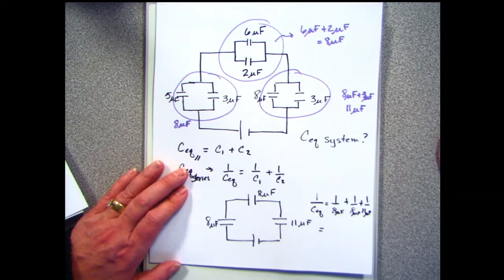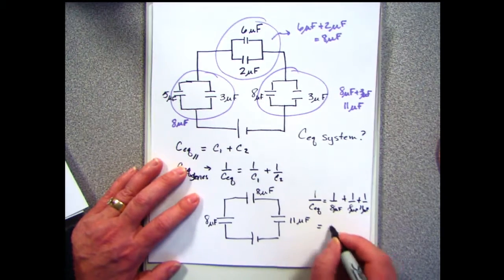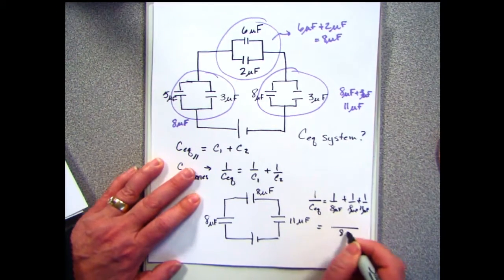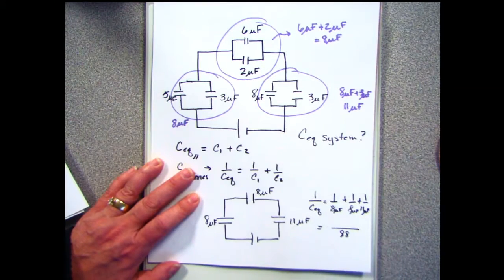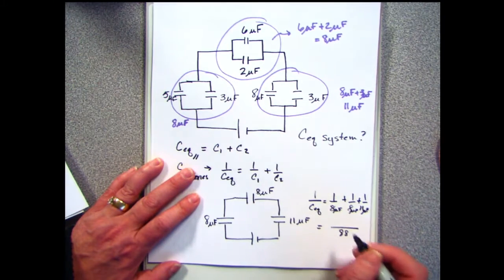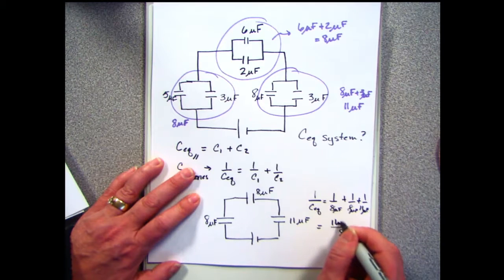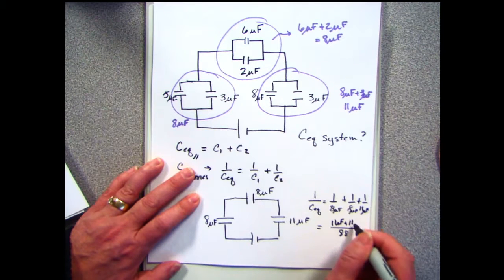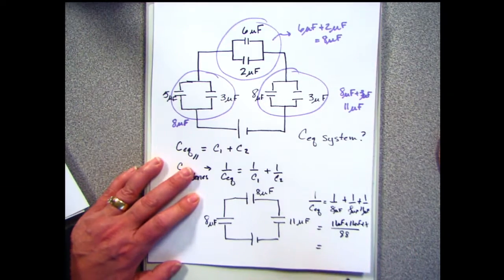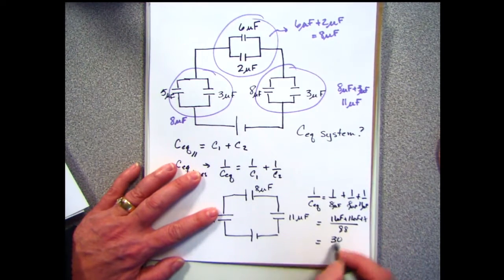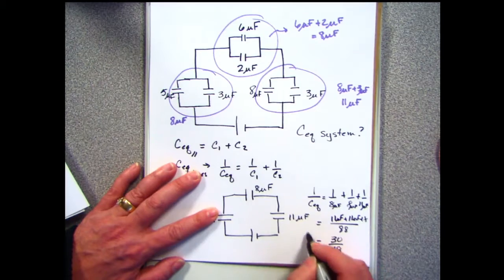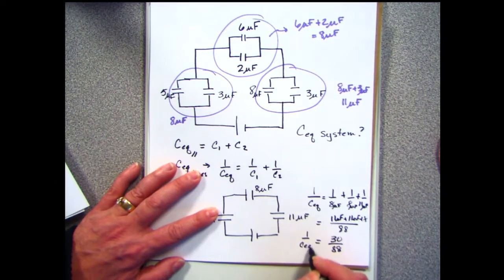So this one is going to be 11 microfarads plus 11 microfarads plus 8 microfarads. That gives me 22 plus 8, which is 30, divided by 88. This is 1 over CEQ. Now I can flip it. CEQ is equal to 88 divided by 30.